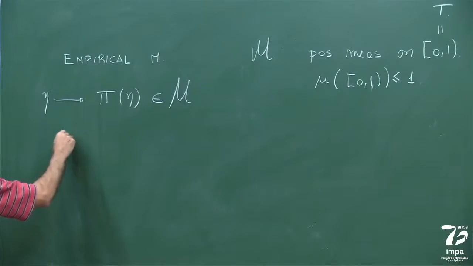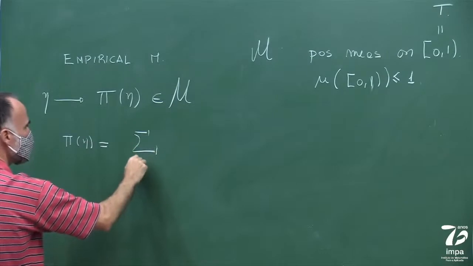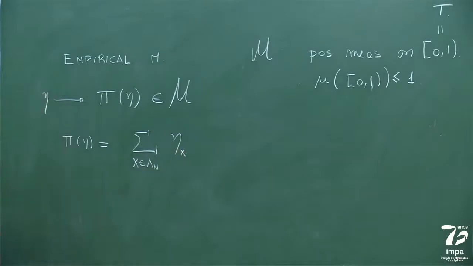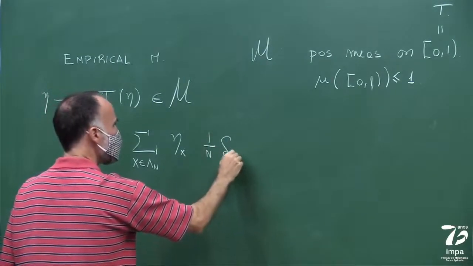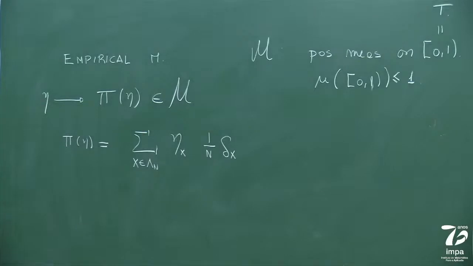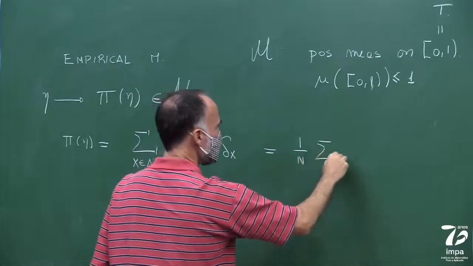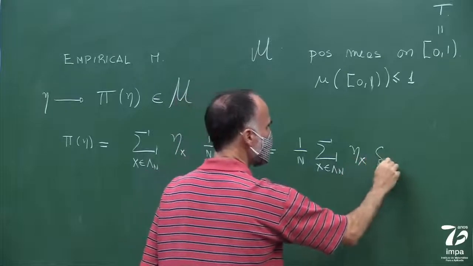So pi of eta will be, well, I'll sum over all points in lambda n. I'll check if there is a particle at x, and if there is a particle at x, I will put a mass 1 over n at that site. So delta x is the Dirac measure at x, and I'm normalizing, so I will write this as 1 over n, the sum in x of eta x delta x.